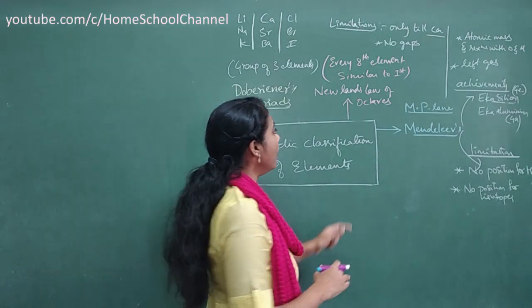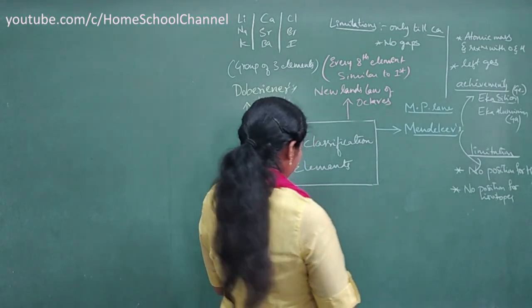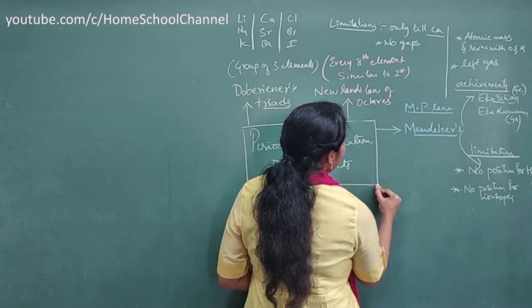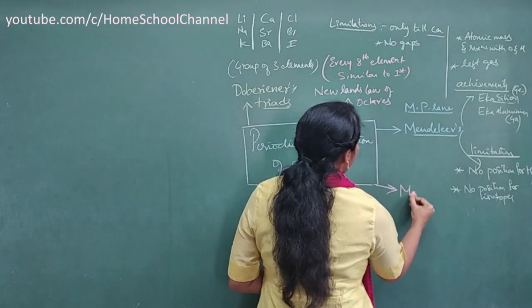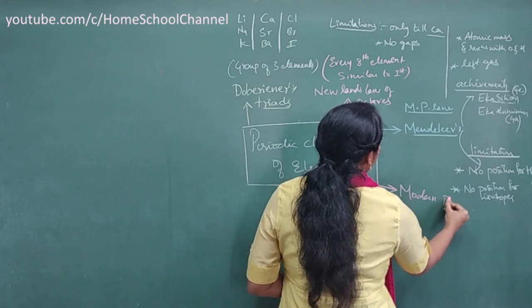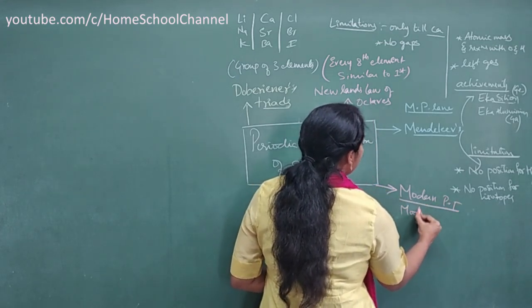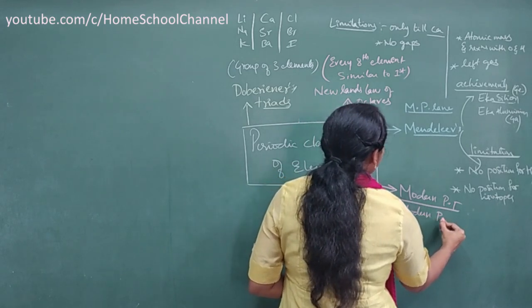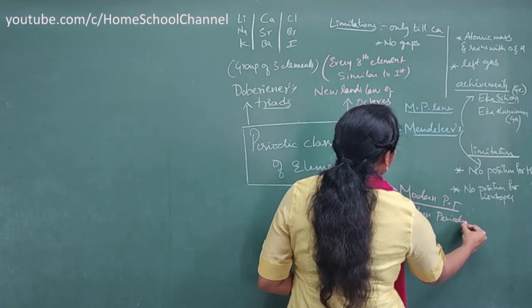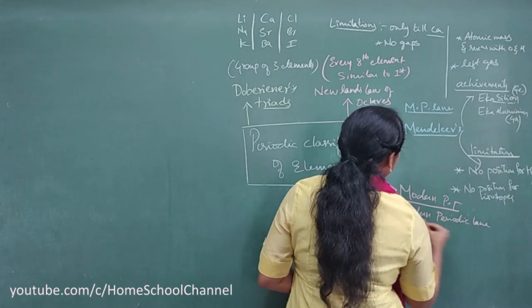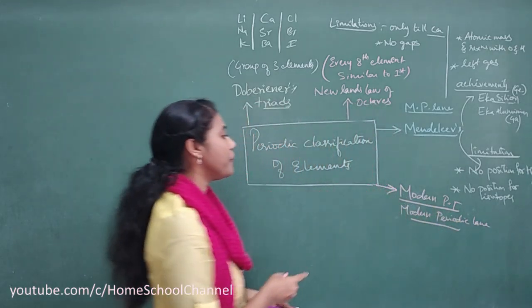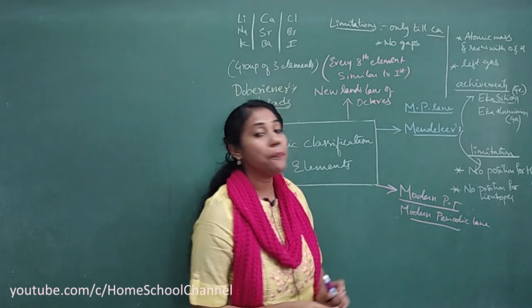Now we will study the next one, the modern periodic table. Here we will study the modern periodic law, which is very, very important. What is the definition of modern periodic law?